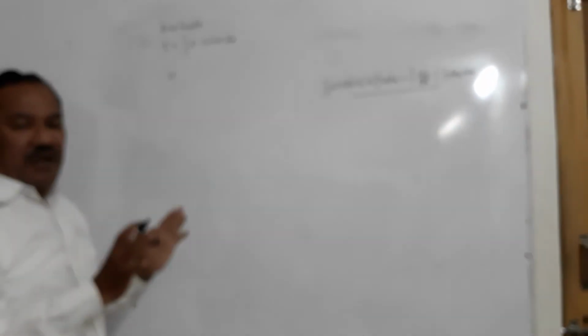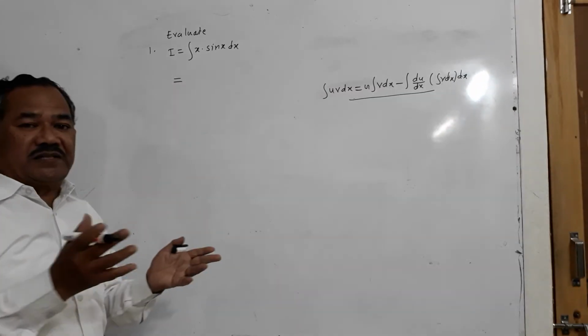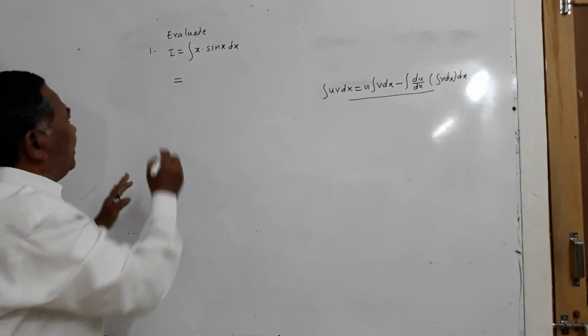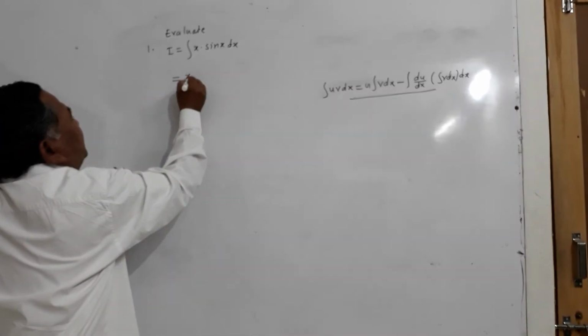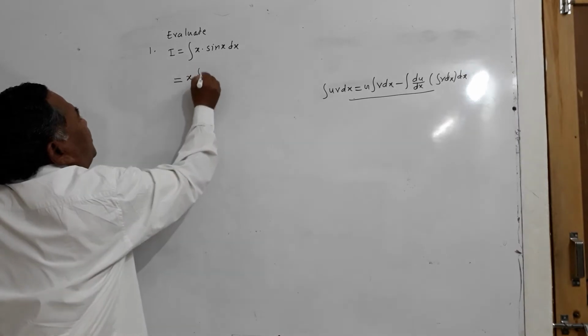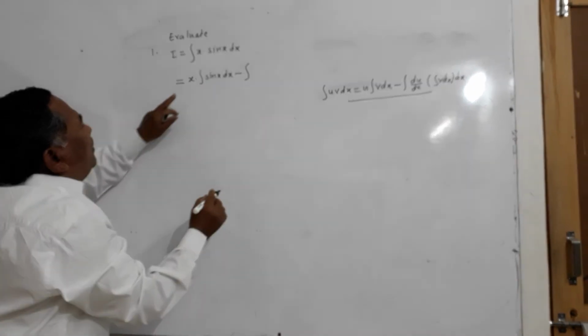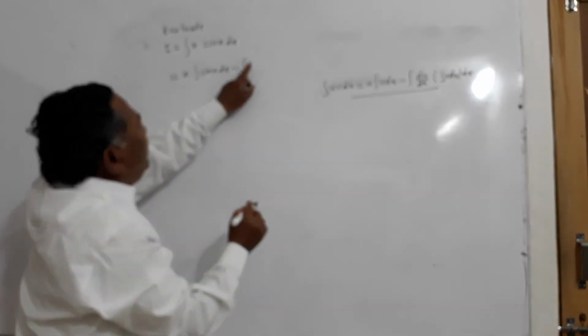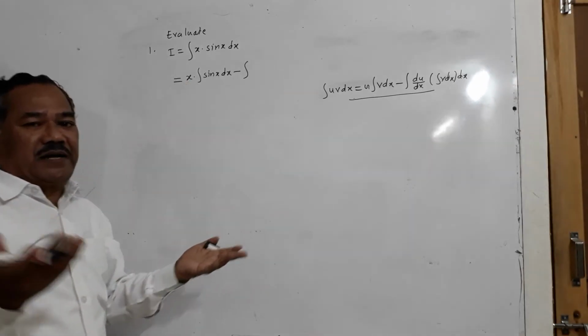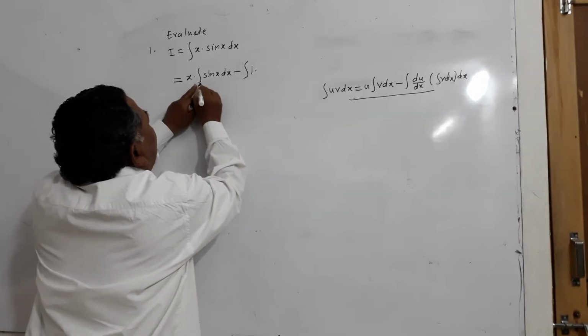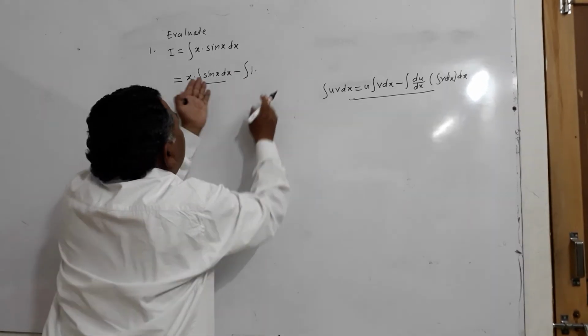We do not write down there u as x and v as sin x. That part we keep in our mind carefully. Remember. Therefore, here x first function as it is into second function we take integral into dx, minus integral of first function we take derivative. We know d by dx of x is 1. Then see here, this part we have to write down.